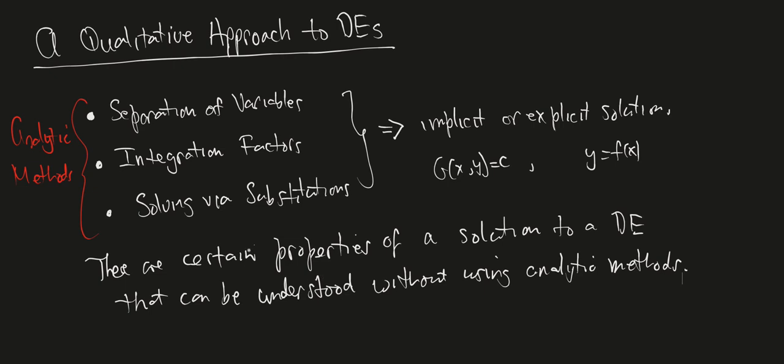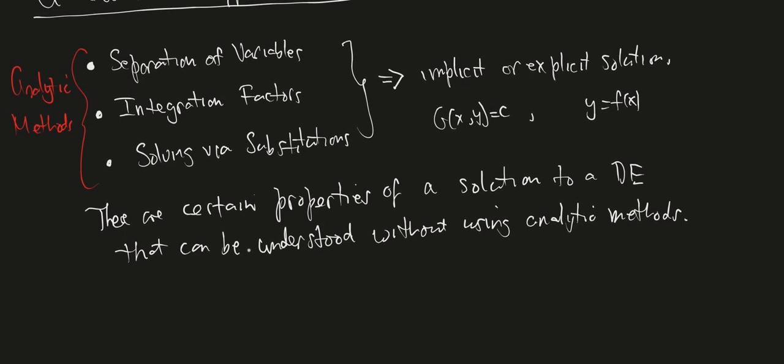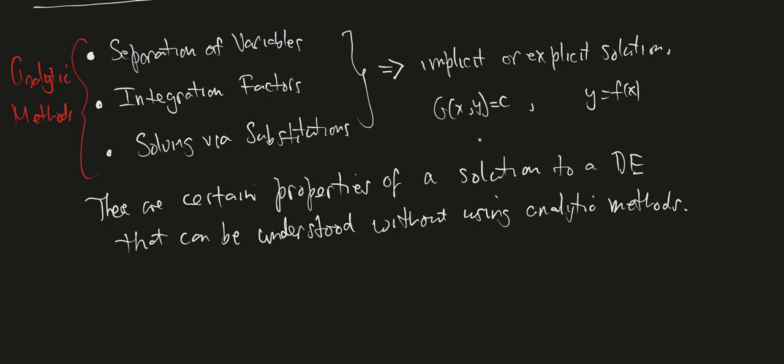And some of these properties are like the ones I just stated. Like is the function increasing at a particular point? Is it concave up? Does it have a relative min and relative max, right? Or just simply, what does the graph of the solution look like, right? Those are things, believe it or not, we will be able to answer without having to solve explicitly or implicitly for the solution.